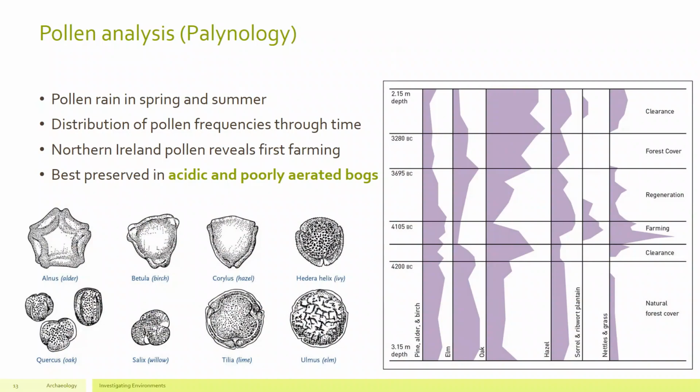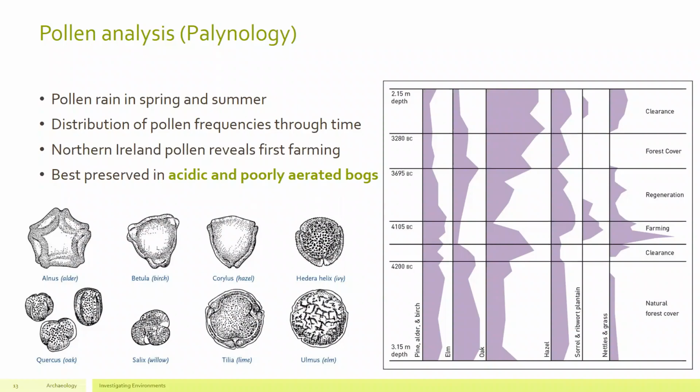And here you see a chart that measures the relative abundance of different species like pine or alder and birch, elm and oak, hazel, different types of nettles and grasses, and then a general activity on the right. So this is a typical example of a pollen chart.